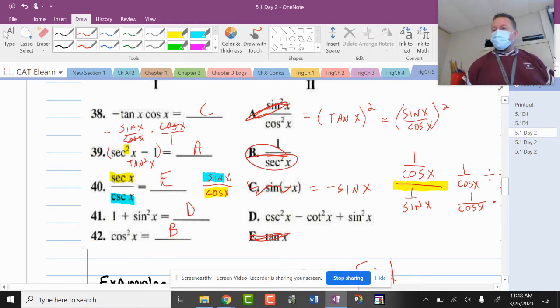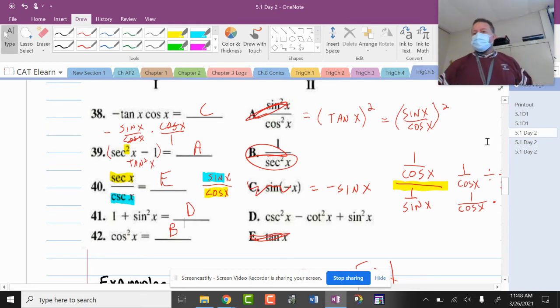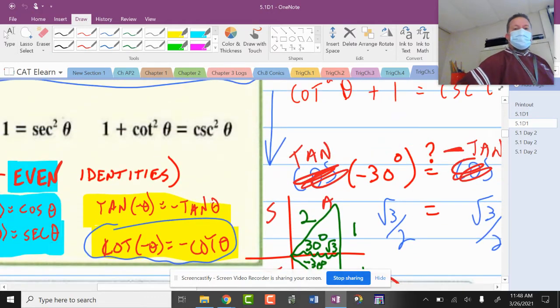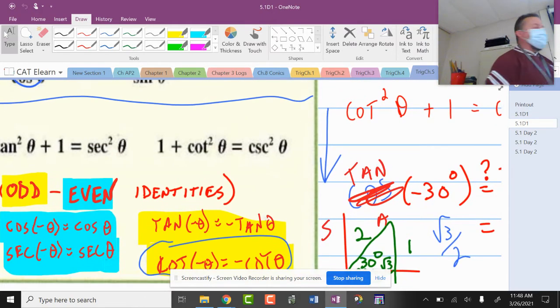You know what though? Look at your notes, good note takers. Look at your notes from Tuesday. Did we already write that? Anyone that took notes, we actually said, hey, these Pythagorean identities are weird. For instance, cosecant squared minus cotangent squared equals 1. And here's those notes again, because if I just subtracted cotangent squared from both sides, that would equal 1.